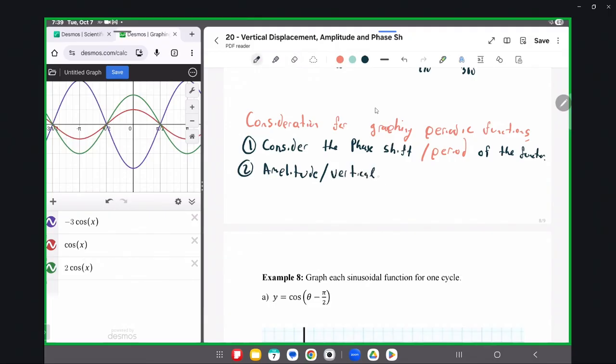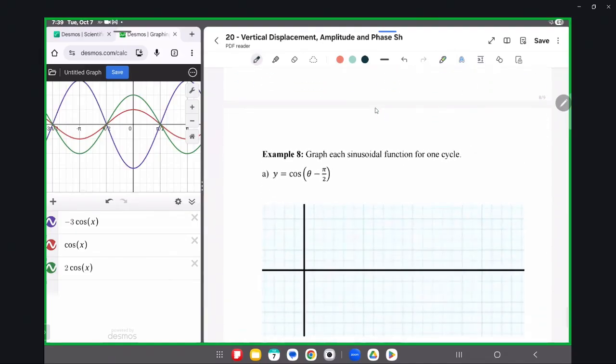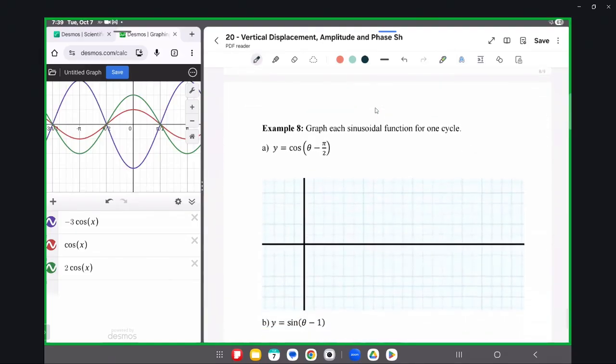So the question I get most from students is, how do I create a good scale for my graphs? And this is the kind of stuff that we're talking about. So here, if we have to go right by pi over 2, remember, this is the same thing as saying in degrees, y equals cos of theta minus 90 degrees. We want to make sure that we're actually able to easily graph what these things look like, or else that'll be quite tough to do.